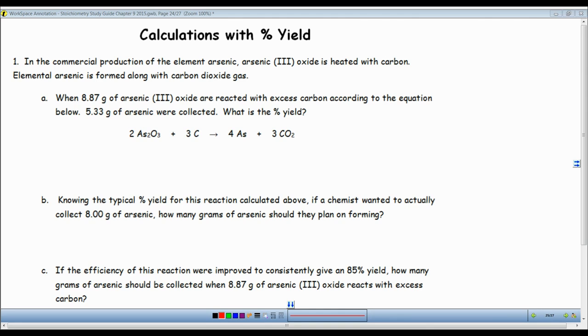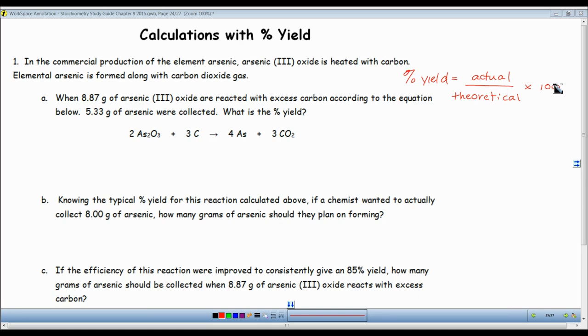Ooh, there are some things that I like about this. Okay, so number one, here's the equation that I'm eventually going for. Percent yield is actual over theoretical times 100. Cool.